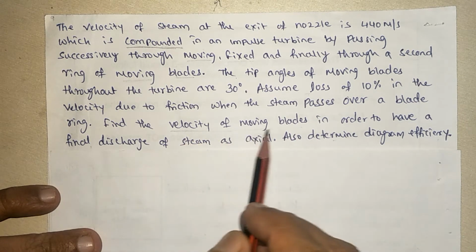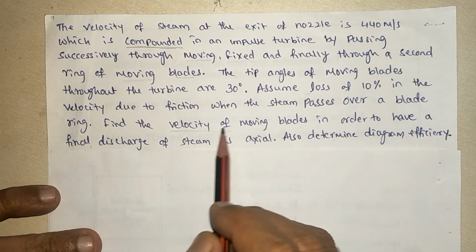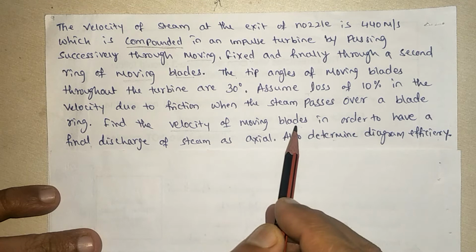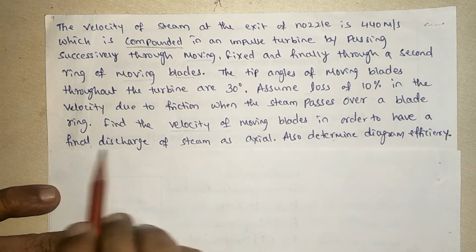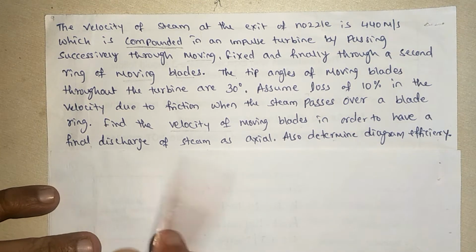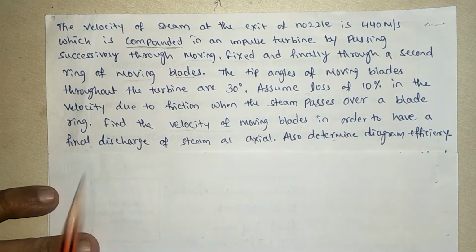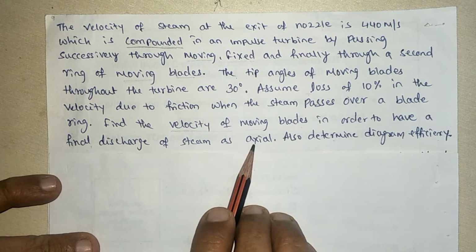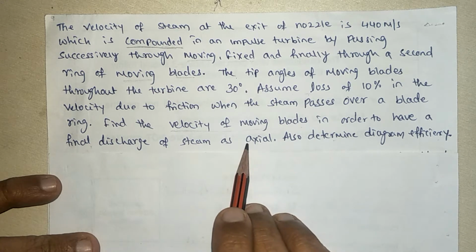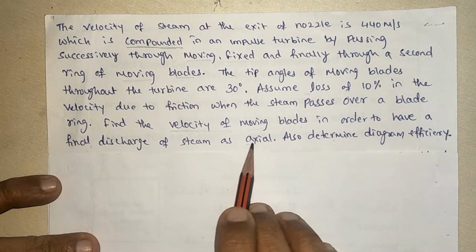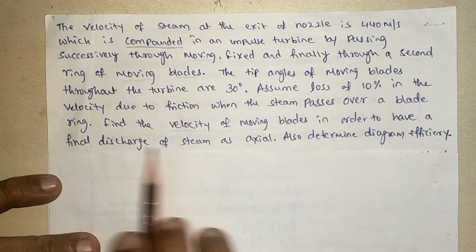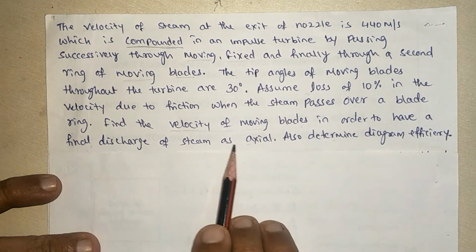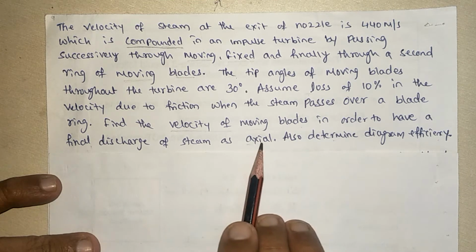So we specify u as the velocity of the moving blades in order to have a final discharge of steam as axial. The final discharge is axial, meaning the steam leaving the turbine is axial, that is with an angle of alpha 2. With an angle of alpha 2 the steam is discharging, and that alpha 2 angle is 90 degree, right?